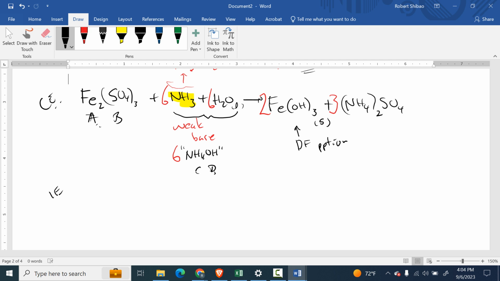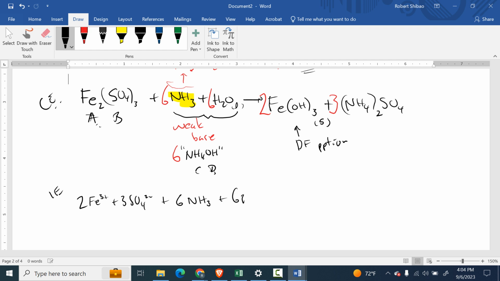The IE, do we ionize iron 3 sulfate or leave it together? Ionize it. And so this is going to give me 2 irons and 3 sulfates. It's a soluble salt. Sulfates are soluble. Ammonia. Do I ionize it or leave it? It's a weak base. Leave it.